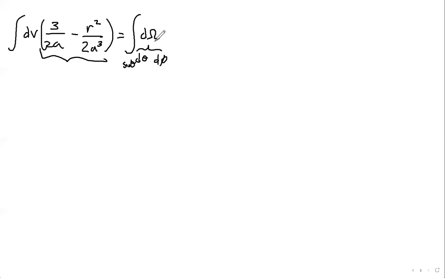This is the surface angle over the solid angle times R squared dR. This is the integral over the radial coordinate, and then we have 3 over 2a minus R squared divided by 2a cubed.